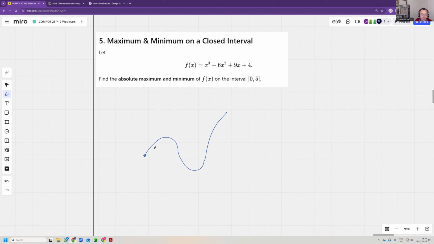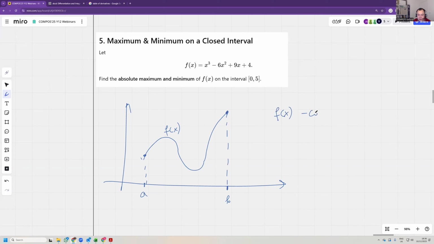So let's say we have a function on an interval from a to b. So that's f of x. So f of x is a continuous function on the interval ab.